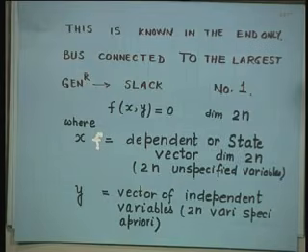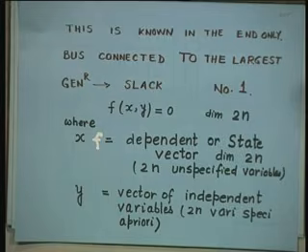Now, let us consider a general equation f of function of x comma y is equal to 0. The dimension is 2n, that you know already, because load flow equation dimensions are 2n.